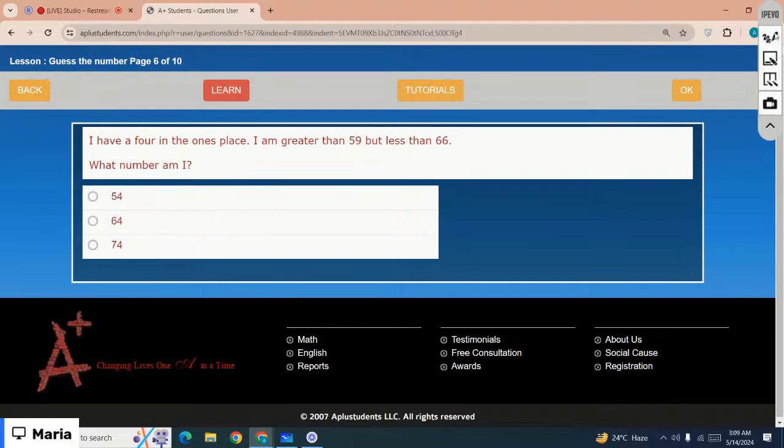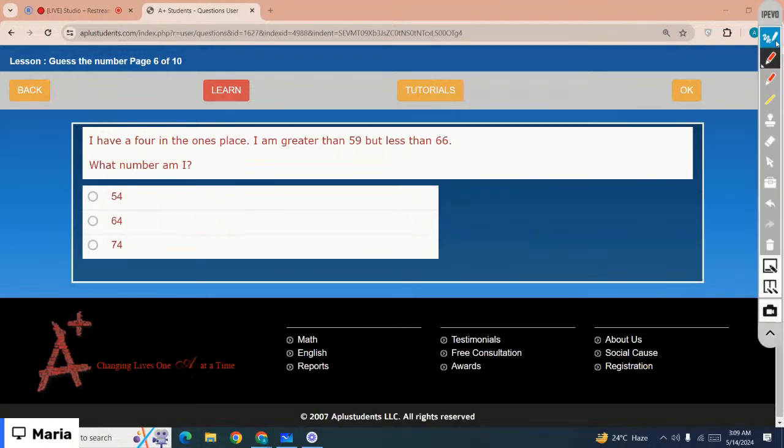The number is greater than 59 but less than 56. So 54 is not included because the number is greater than 59. So which is the correct option? Think and then answer.